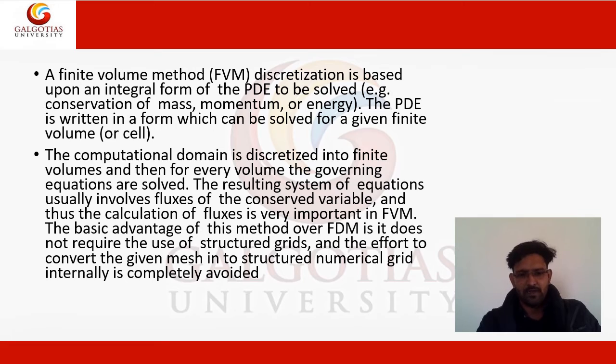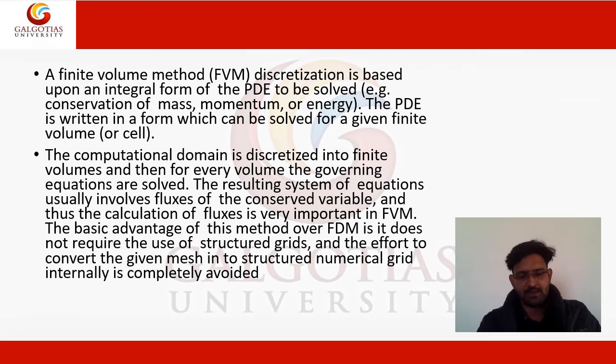A finite volume method discretization is based upon an integral form of the partial differential equation to be solved. The solution of a partial differential equation in integrated form, we apply this finite volume method, for example, conservation of mass, momentum, or energy.